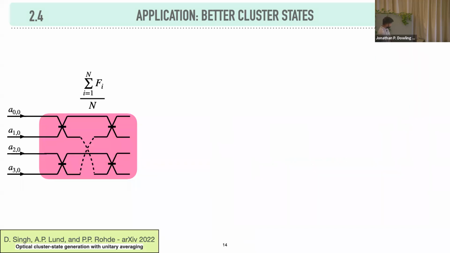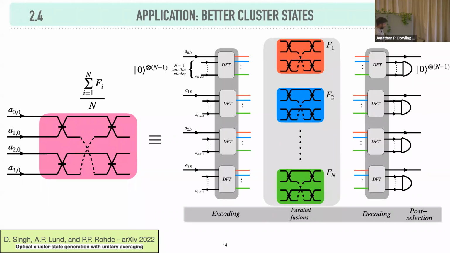And as shown before, an explicit construction of this would just be like this. You take your 4 original modes and mix them with a bunch of ancillary modes through DFTs, and then you send the first output mode of each DFT to the first fusion gate. These are all color coded. The second output of all DFTs goes to the second fusion gate, and so on.